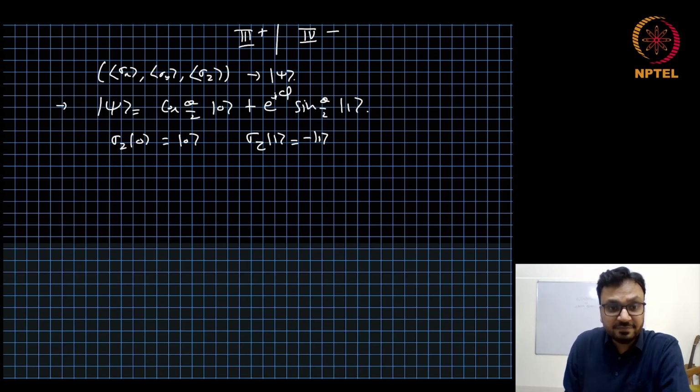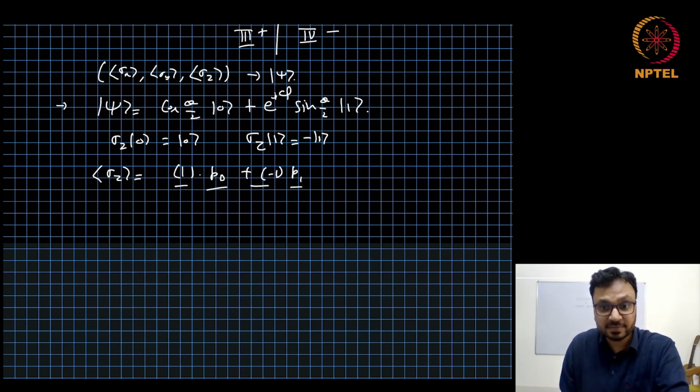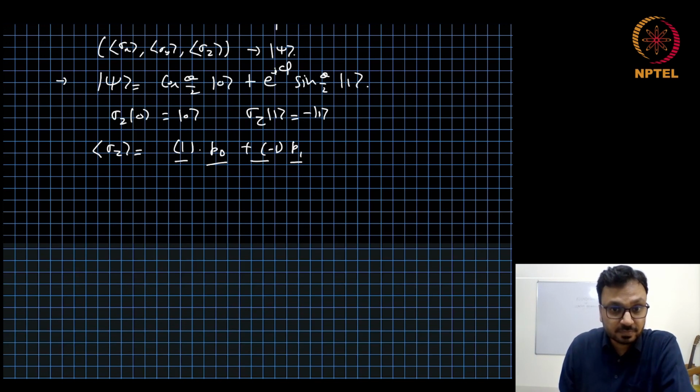Okay, so from here, if we see what the sigma z expectation value is, that will be the eigenvalue 1 times the probability of 0, plus the eigenvalue minus 1 times the probability of 1. This is eigenvalue times probability, eigenvalue times probability, and the sum of all those.